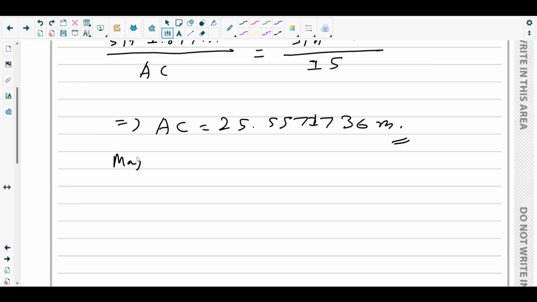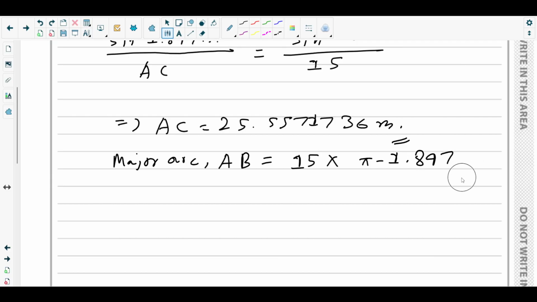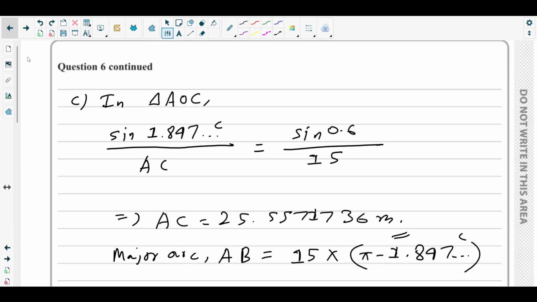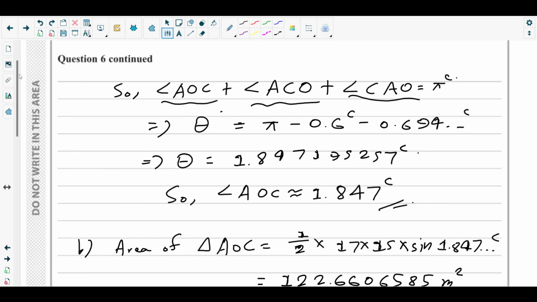Now we need the length for the major arc AB. So we know that arc length is r theta. The radius of the circle is 15, and the theta is pi minus 1.847, that much radians.